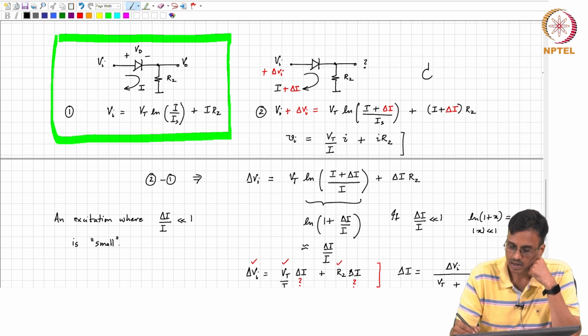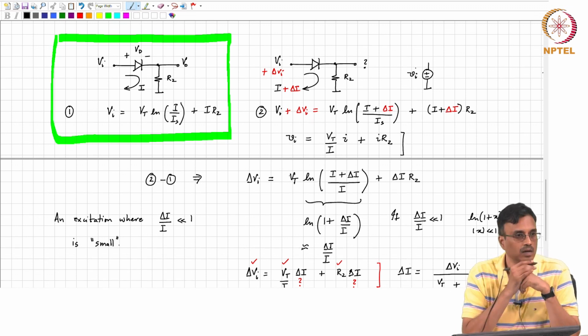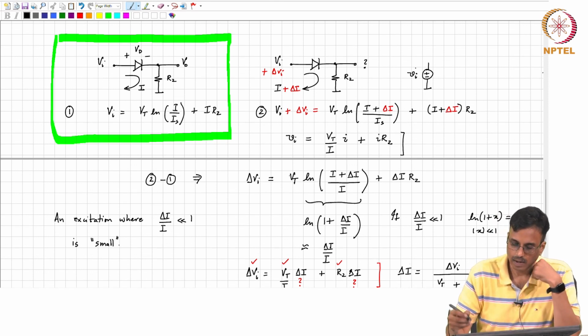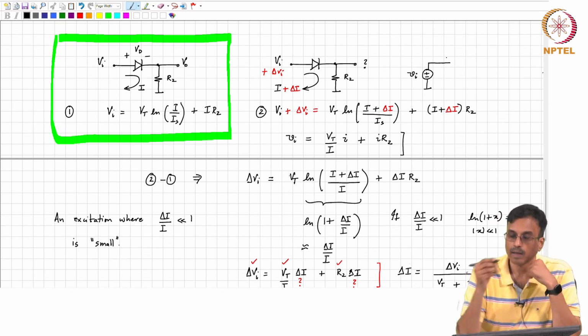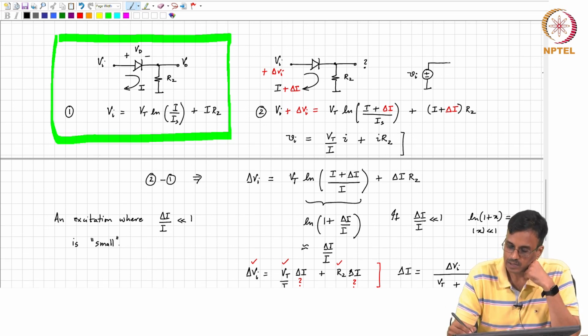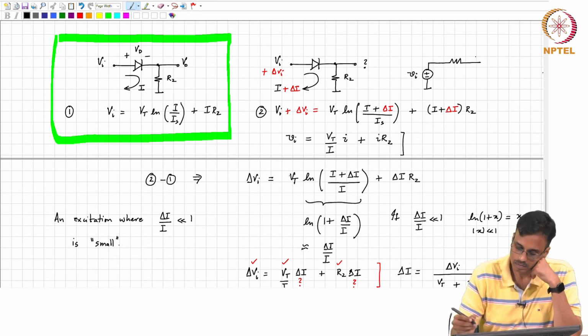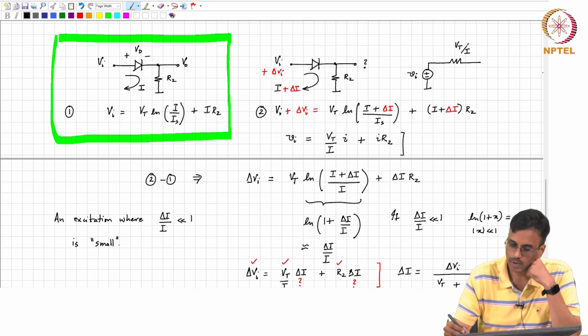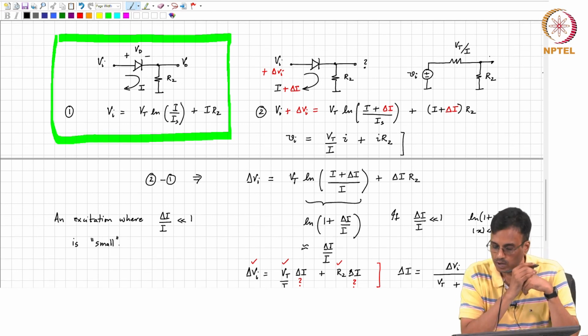So, the source is replaced by the small signal equivalent, and what happens to the nonlinear element? It is replaced by a resistance capital Vt by I, and what comment can you make about the resistance R2? And what is that voltage?